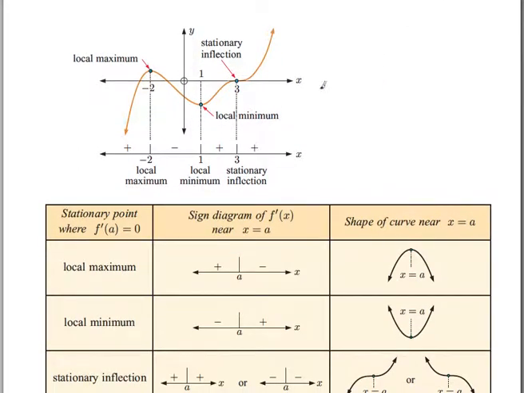And so here's another summary of that. We have a local maximum here, a small hilltop, and a small valley, that's a local minimum or a relative minimum, and we also have a stationary inflection. Right here you can see that the slope of the tangent line right at that point is horizontal, so the slope is still 0, just like it is here.